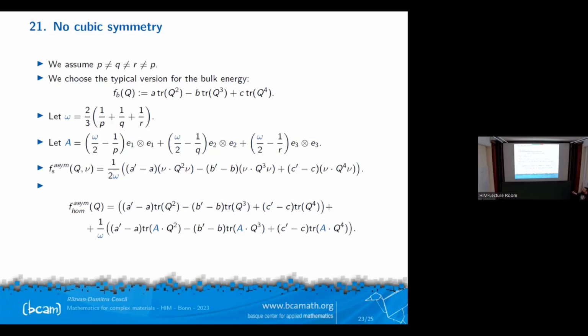But we get another three terms in the homogenized effect: trace of A times Q squared, A times Q third, A times Q fourth. We interpreted this as some sort of shift in the alignment of the particles, due to the lack of symmetry of the cubic microlattice that we are using. Those are the particular cases.